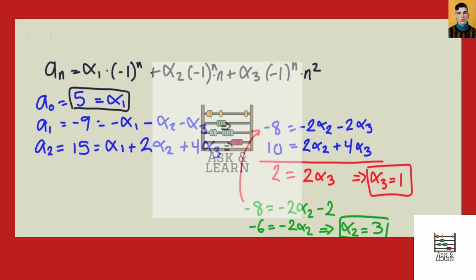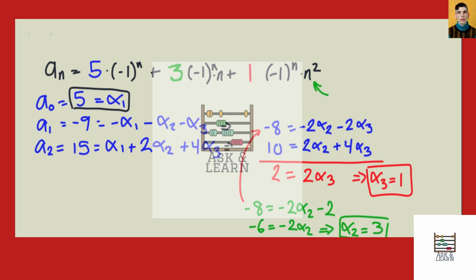So the only thing left to do is put it into this equation, right? And so we have an alpha 1 of 5, an alpha 2 that is equal to 3, and an alpha 3 that is equal to 1.